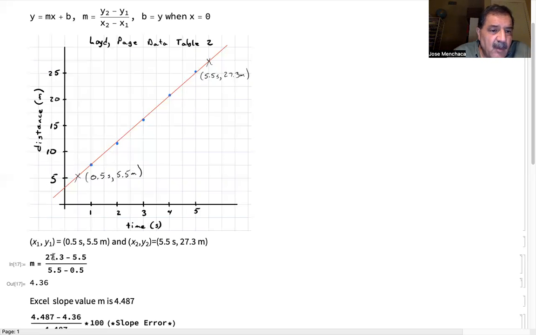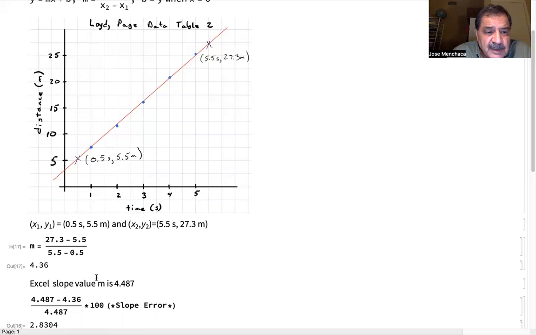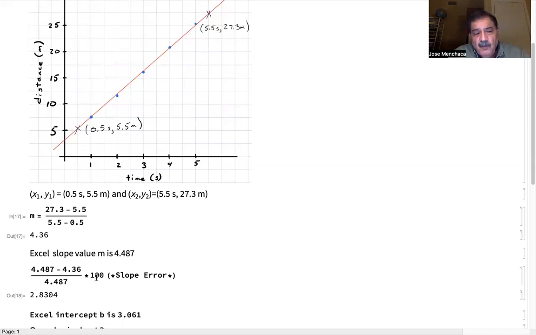M is equal to y2 minus y1, 27.3 meters minus 5.5 meters, divided by x2 minus x1, which is 5.5 seconds minus 0.5 seconds. You calculate that out, and you get a slope of 4.36.